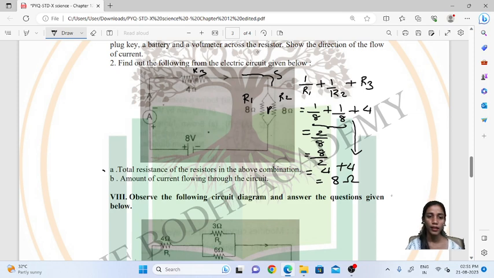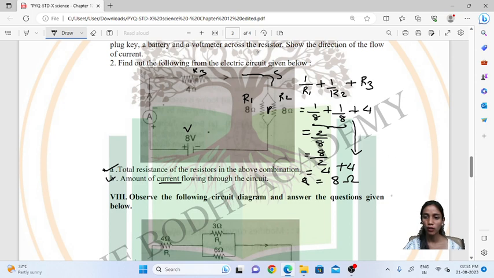Now the next thing they have asked to find is the current flowing through the circuit. Now how do I find the current? I have the resistance as 8 ohms, and in the circuit I also have the potential difference. So which formula do I apply?